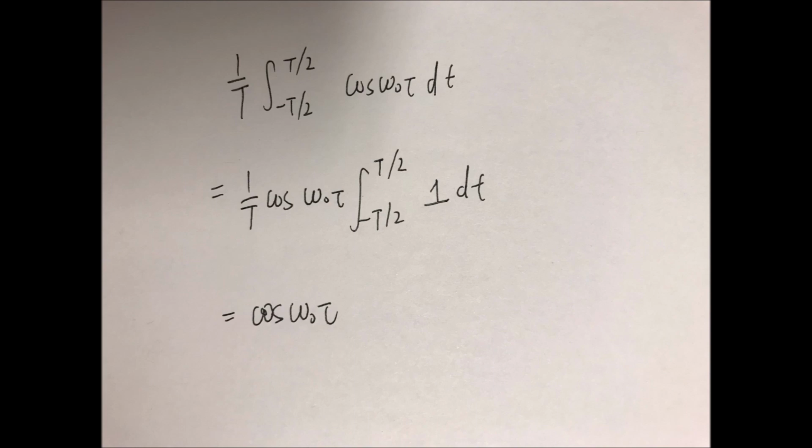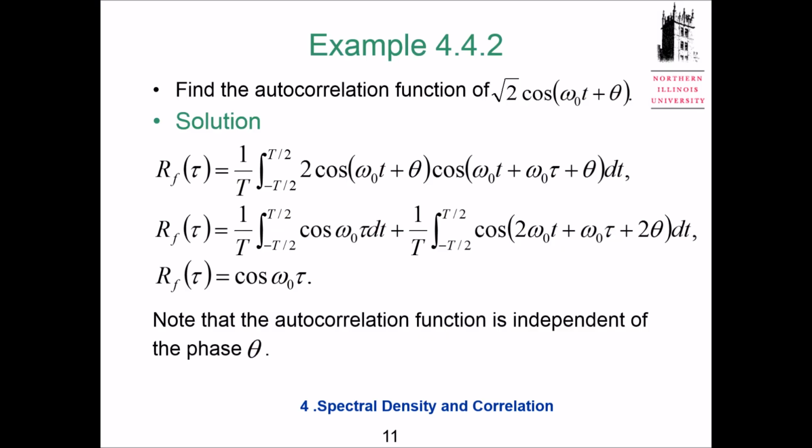Example 4.4.2: we want to calculate the autocorrelation function of a sinusoid. So to find the autocorrelation function of square root of 2 cosine(omega 0 t plus theta), we are going to use the definition.